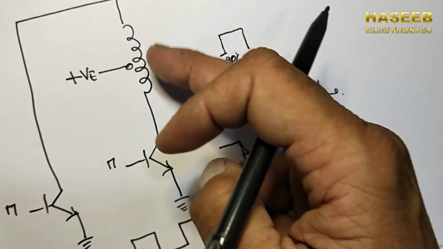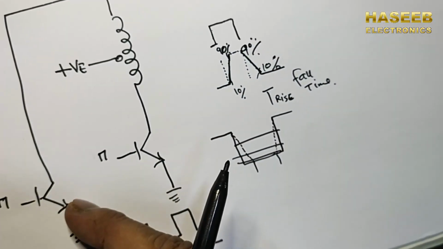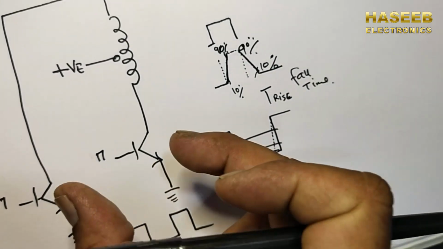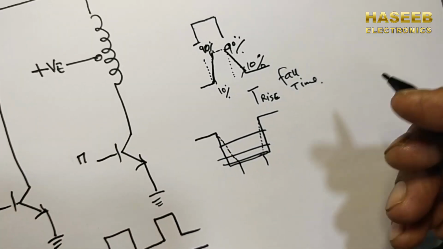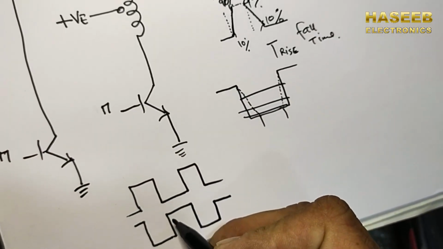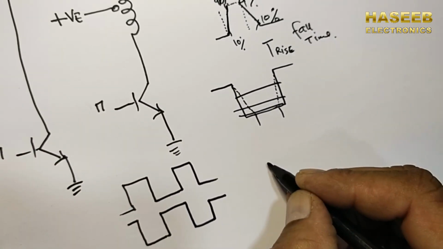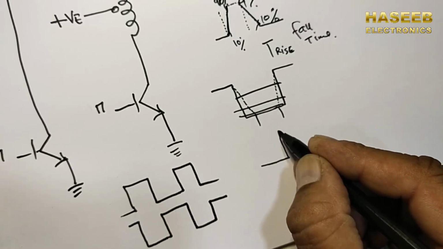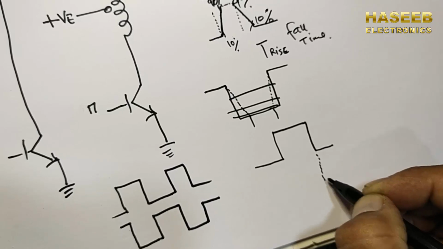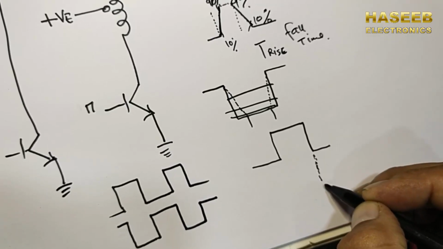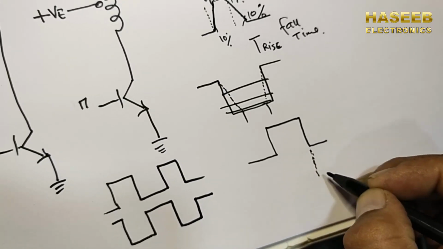make overstress here and also stress here. To protect both channels from conducting together at one time, we need a delay time between these signals. How is it possible? If this signal is off here, then in the ideal condition the second signal must start from the same place.